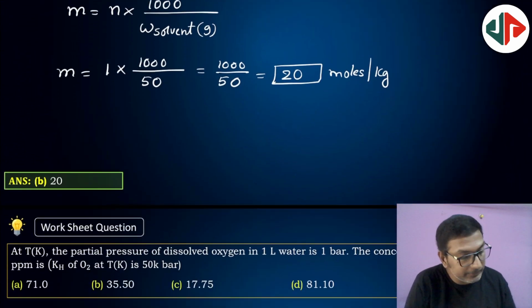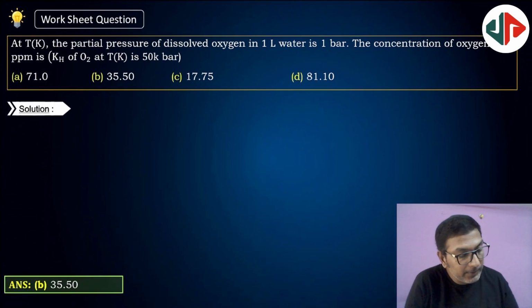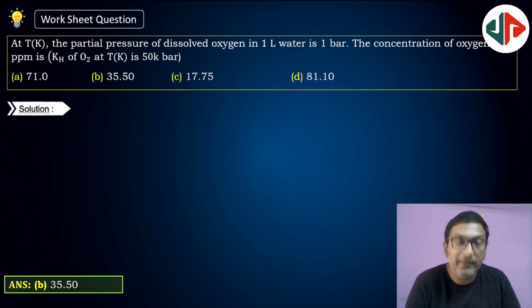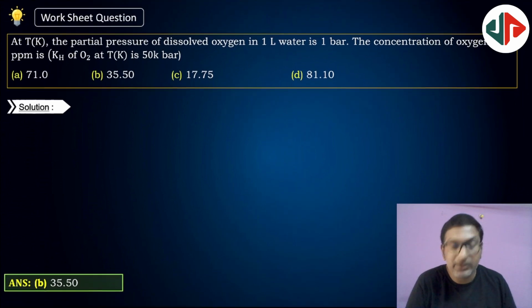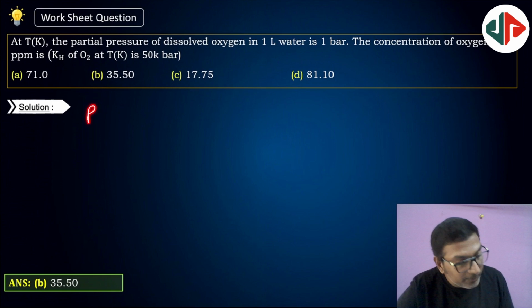Next. So at T kelvins, the partial pressure of dissolved oxygen is 1 bar in 1 liter. The concentration of oxygen in ppm is? So very important question. Here it is given partial pressure of O2 is 1 bar.